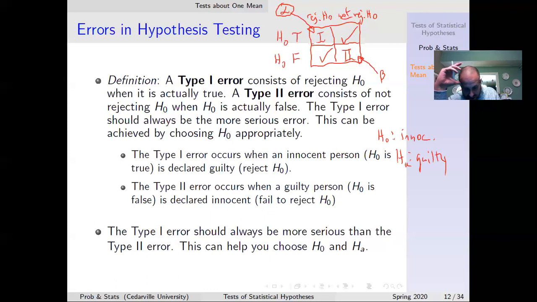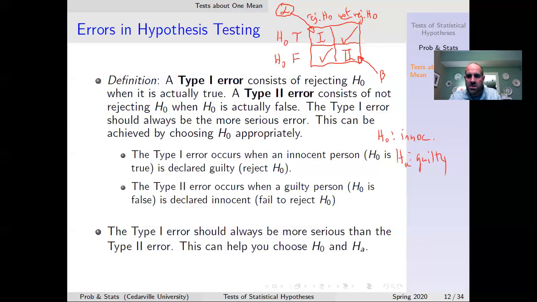A type 2 error occurs when a guilty person, so the null is false, right, is declared innocent. So they are acquitted, right? They are acquitted even though they are guilty. So that's an error, okay? Which of those two do you think is more serious?